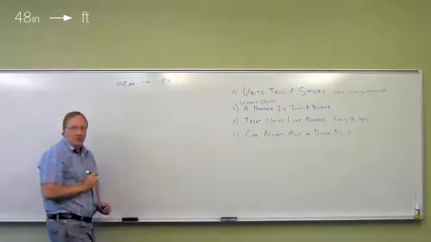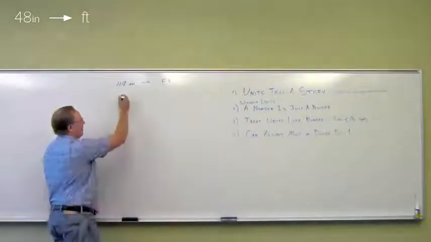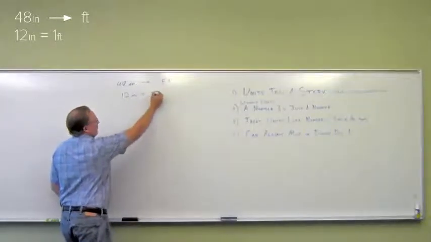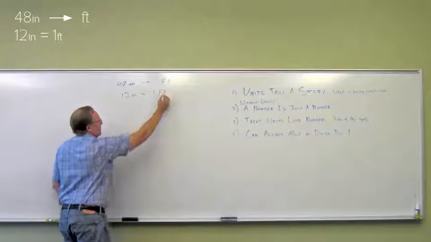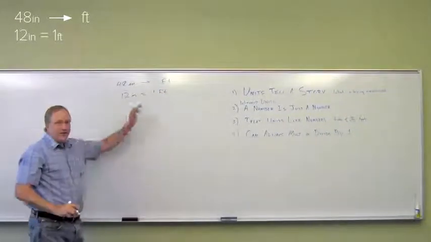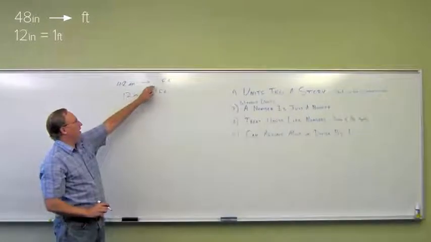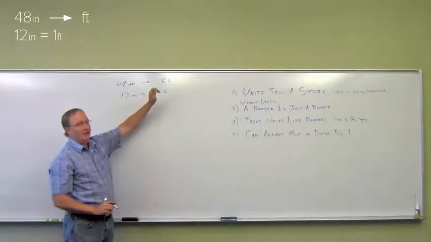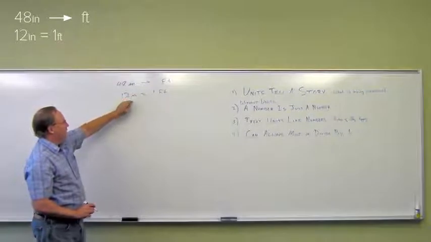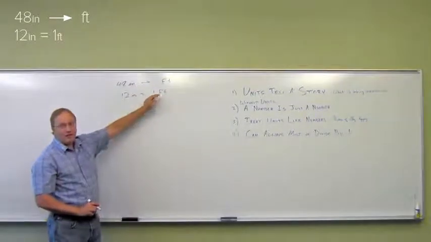So what do you know? We know that 12 inches is equal to 1 foot, right? Okay, so far so good. But what happens if I take this? Now I want feet. That means I know I want feet in the numerator. So if I divide this by 12 inches and I divide this by 12 inches, what happens?